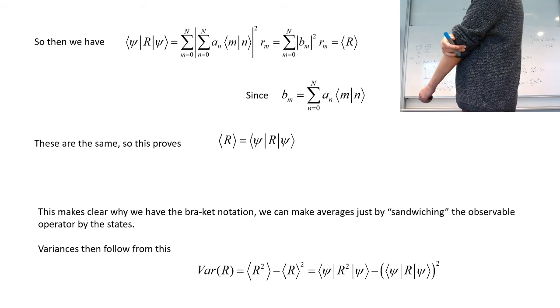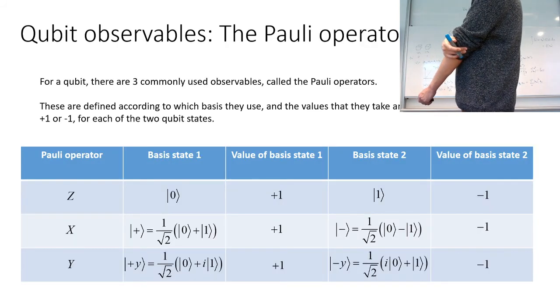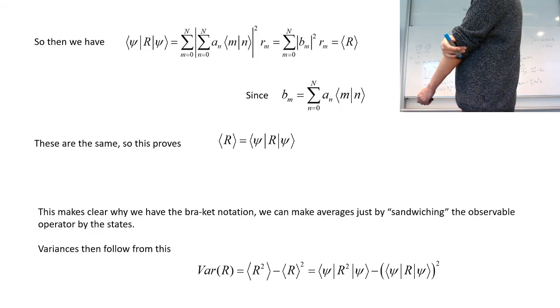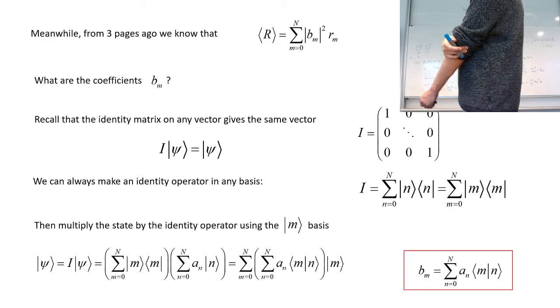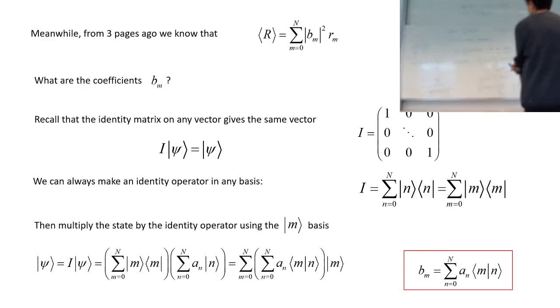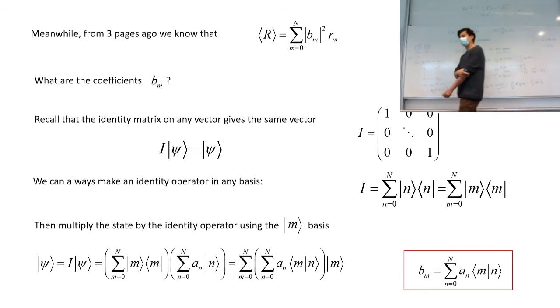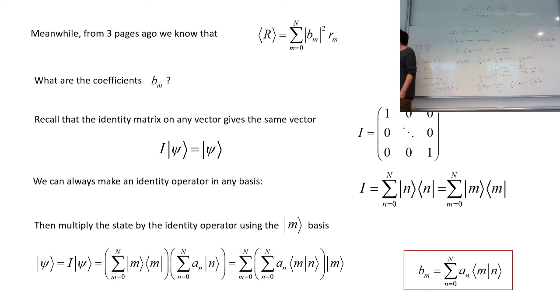I'm deciding whether I should go through this or not. Maybe we should go through a simpler example. How about that? Because it's all here on the slides if you want to go through it.